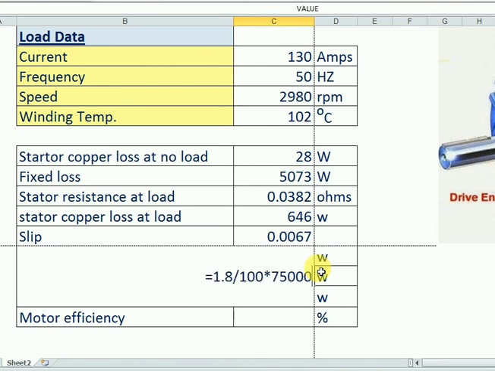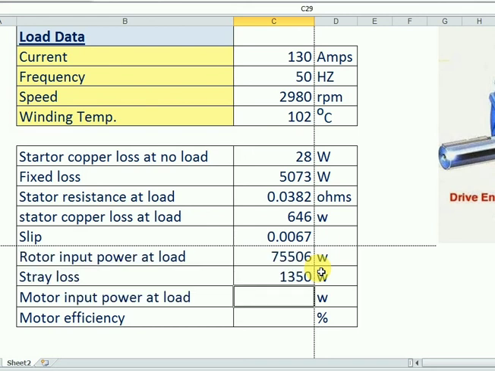So motor input power at load is equal to the sum of rotor input power plus fixed loss plus stator copper loss at load plus stray loss.